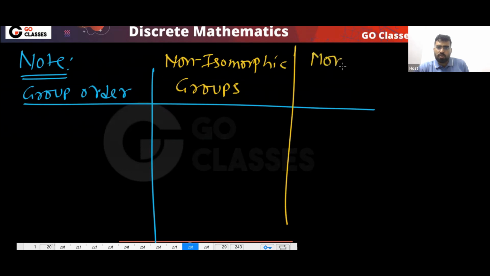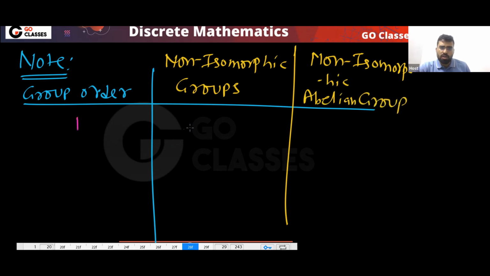How many non-isomorphic abelian groups you have. So you can notice order 1 only one, order 2 only one group, order 3 only one group. So for these only one group we have, only one template, and this is abelian. This is abelian also. For order 4 we have 2 and both are abelian.